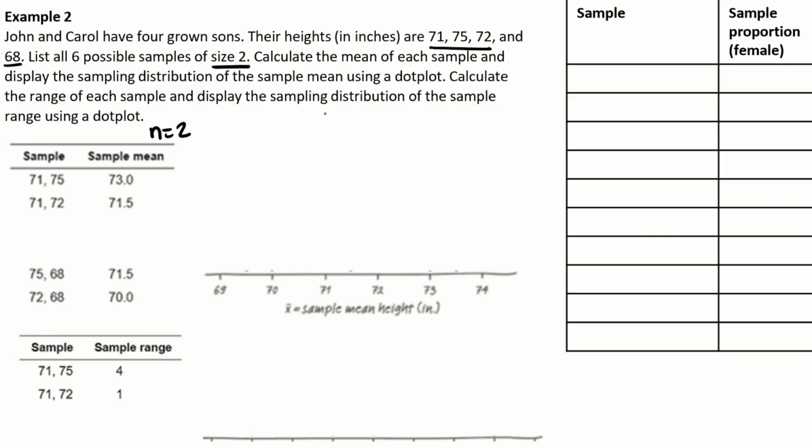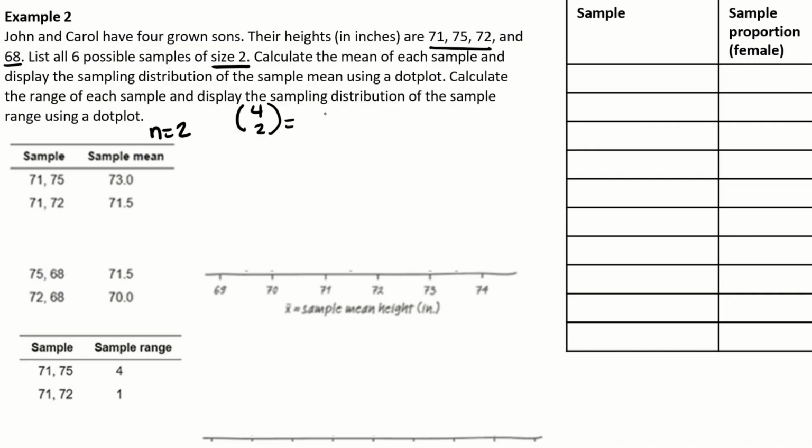How many possibilities are there anyway? It turns out we can calculate that using what we did in chapter 6, lesson 3, the recent lesson. To calculate that, we do a combination. I have 4 objects taken 2 at a time.